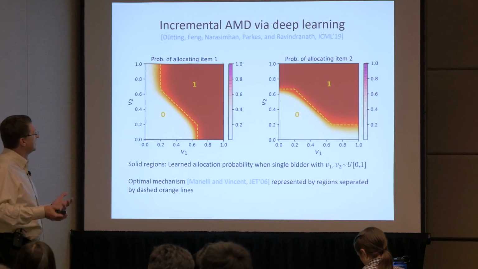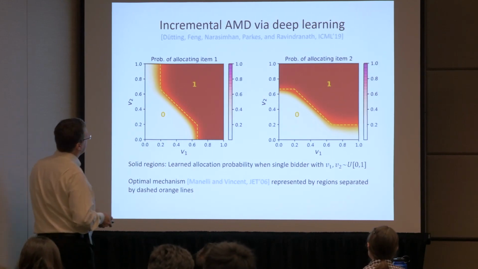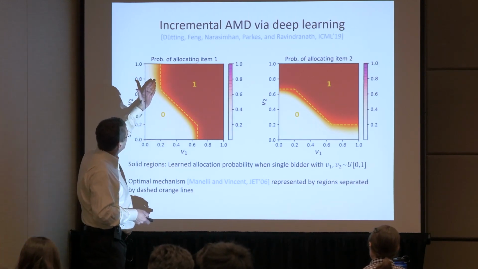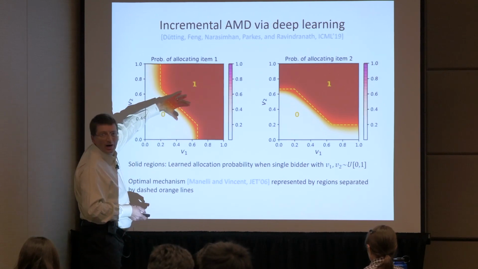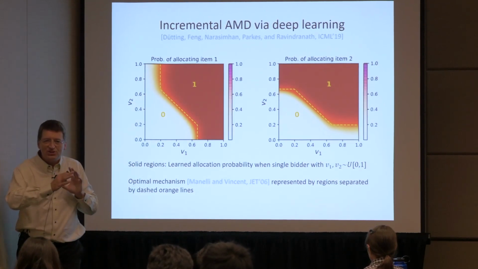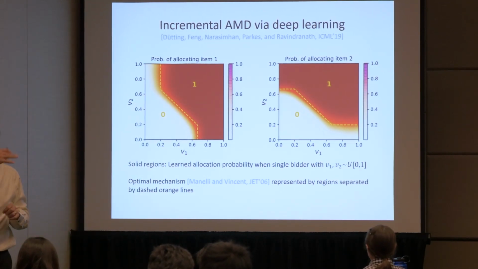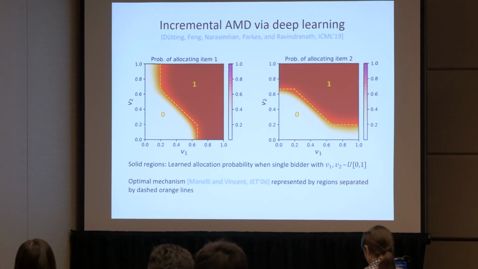And what this neural network-based approach found is this red versus white shading from the neural network, the dashed line is from the Manelli and Vincent analytical paper. So you can see that pretty much the neural network approach found something that's very close to optimal as a mechanism. And note again, there is no prior knowledge baked in here.